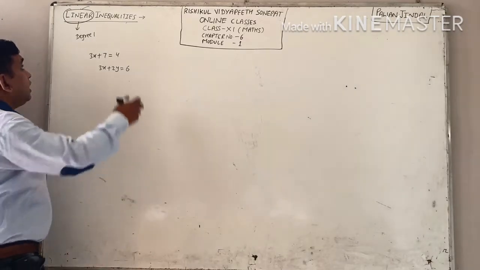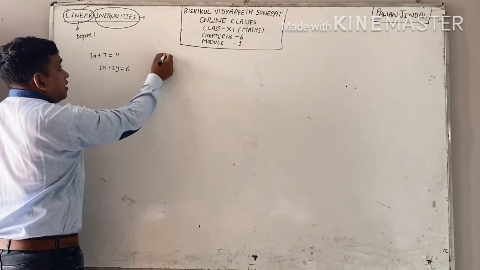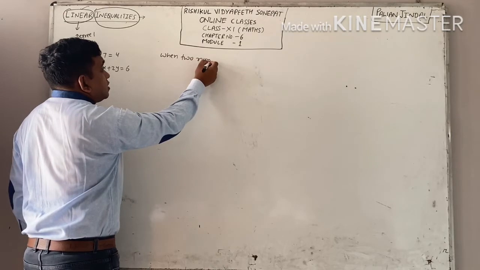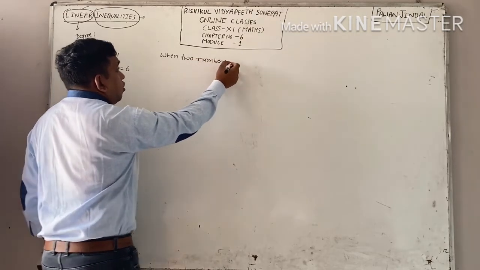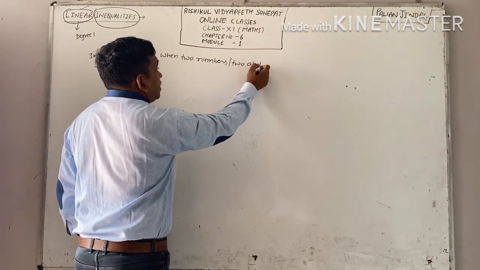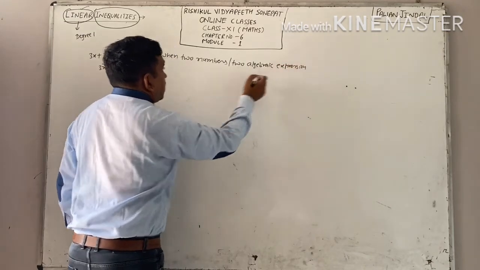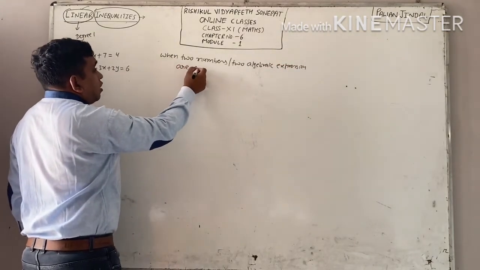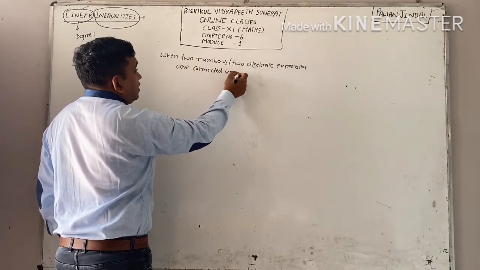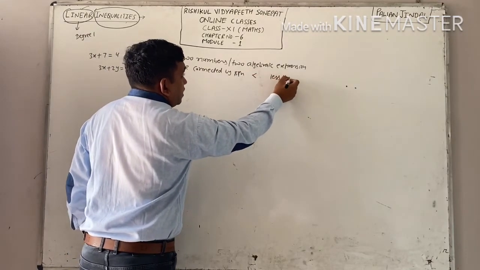This is your linear. Inequalities means when two numbers or two algebraic expressions are connected by sign less than, this is called less than.